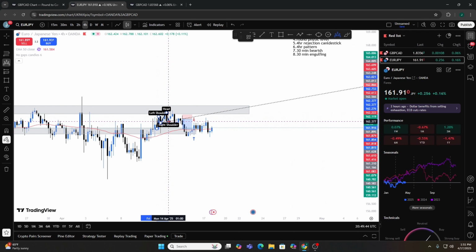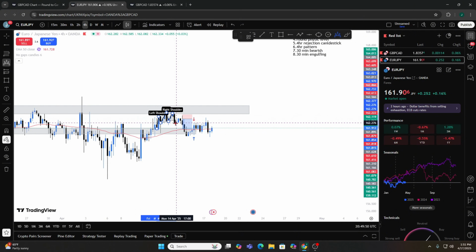This being the head and shoulders. As you guys can see, we broke it. So basically, this is a right head and shoulders. This counts as a head and shoulders. So now we're basically just waiting for it to have a little pullback to the neckline. That dotted line being the neckline.